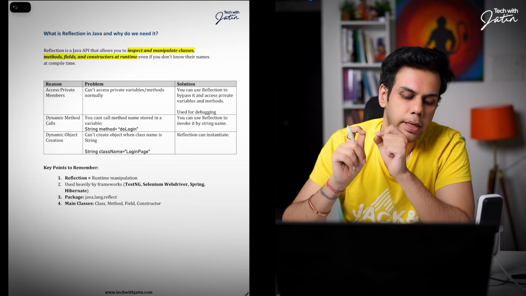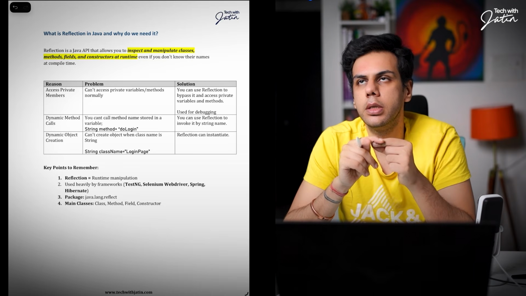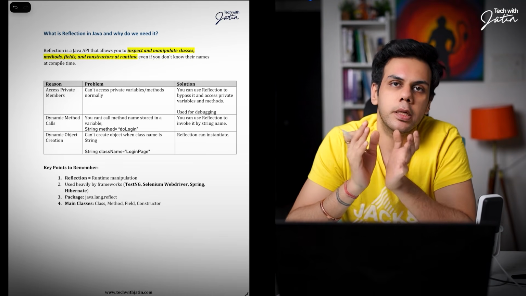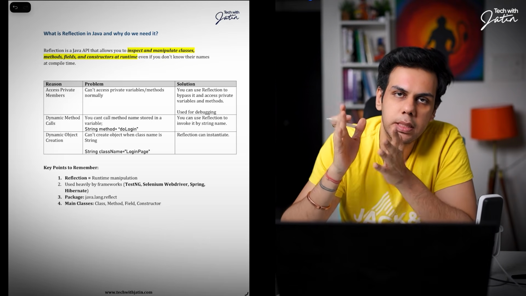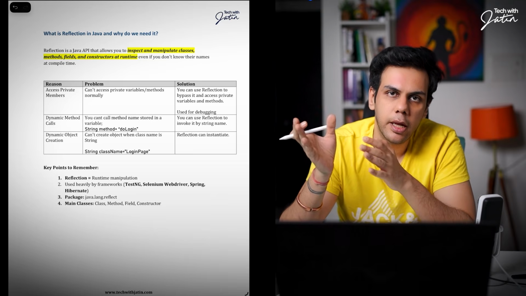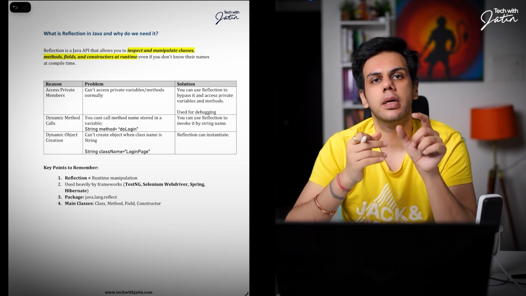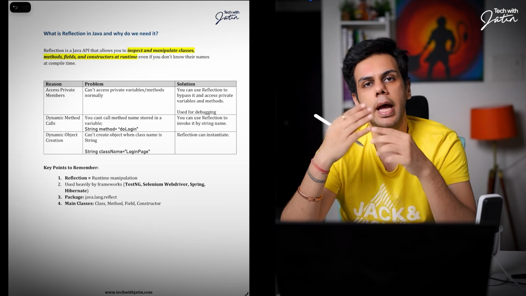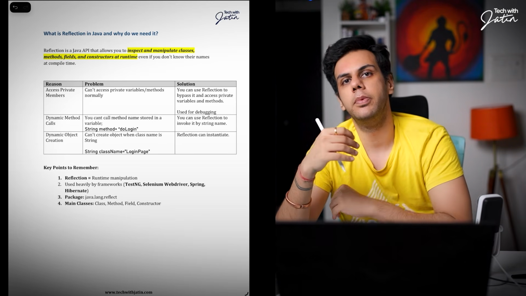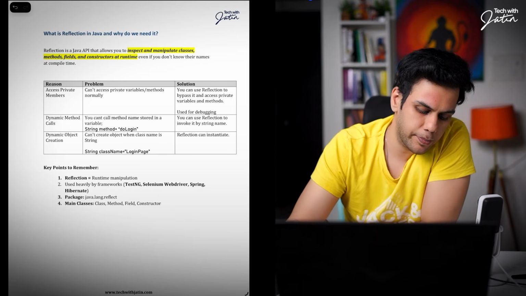Now, this is the most interesting part for us because, as I've said, in our framework, you can keep all the page class names in a properties file or in an Excel sheet, and from there those class names will be taken and the respective page classes will be loaded, their respective objects will be loaded in the memory.